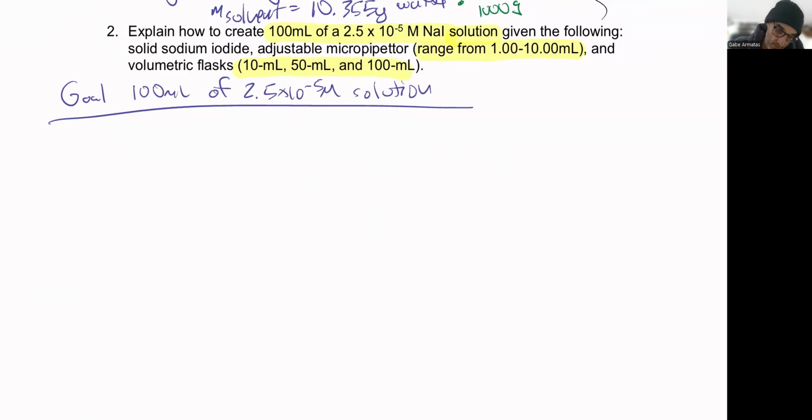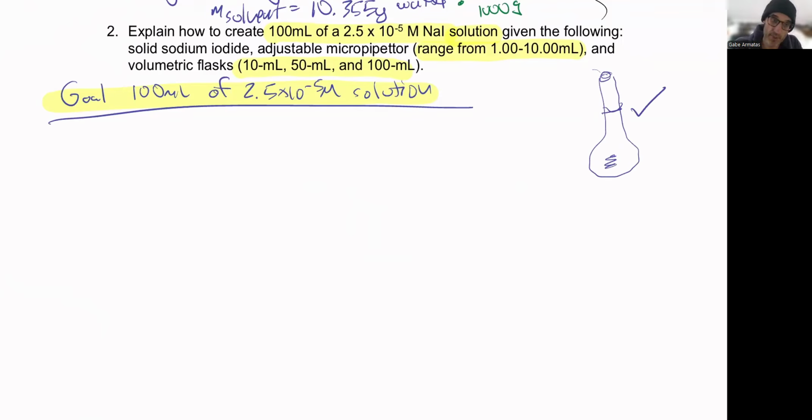Can I do this right out of the gate? The question is, do I need all that glassware, or can I just simply weigh out enough sodium iodide to create this solution? Let's try it. So we're going to grab ourselves a 100 milliliter volumetric flask, in hopes of putting in some amount of sodium iodide, filling it up to the line, and having our solution.